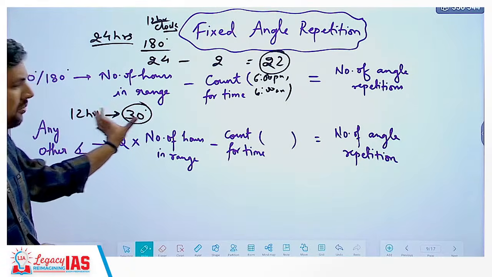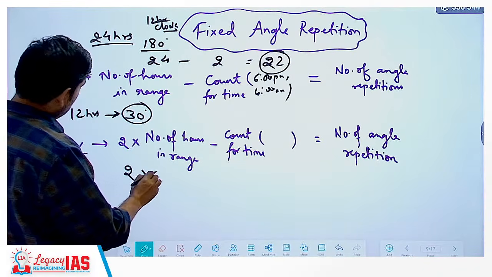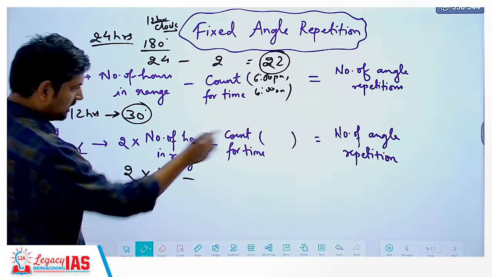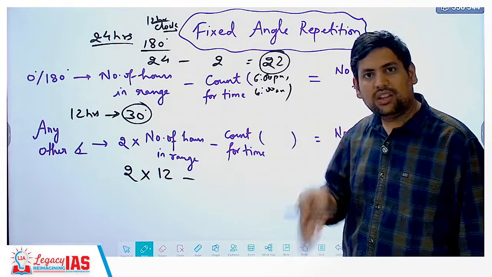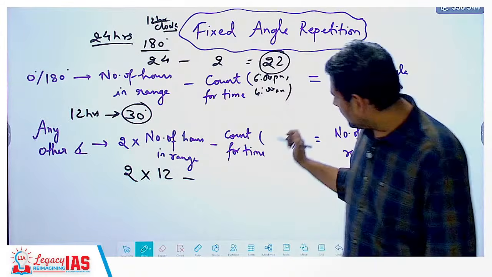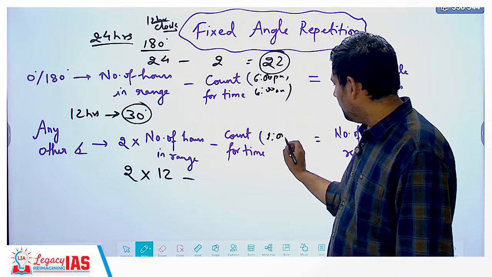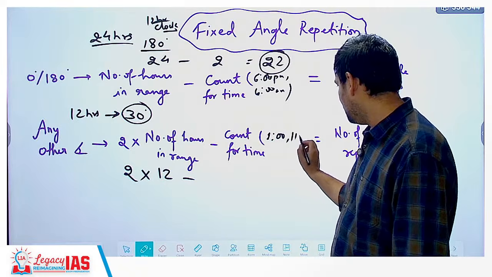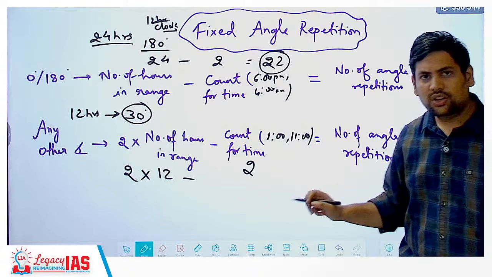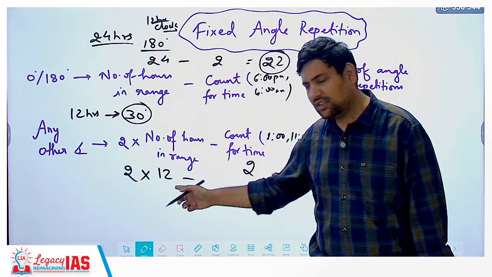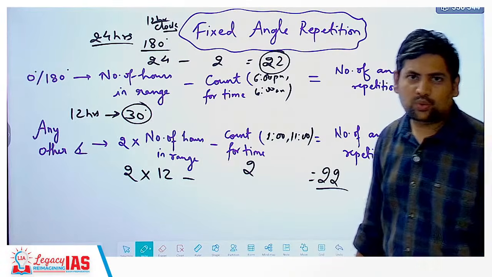You take 2 into 12 hours, minus the count of exact times in 12 hours, starting from 12 p.m. to 12 a.m. You get exactly 30 degrees at 1 as well as at 11. So these are the 2 times you subtract. It becomes 2 into 12, that is 24, and 24 minus 2 is 22.